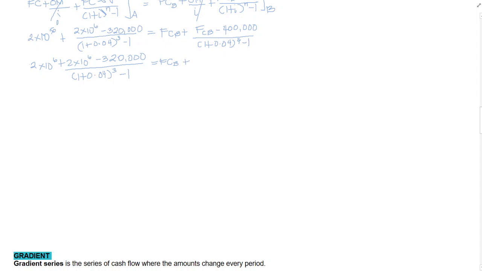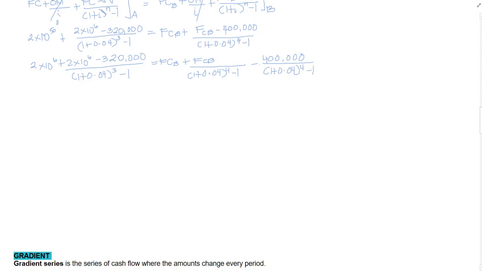Okay, separating this one, that will become FCB divided by the denominator, or you can directly input that in your calculator. 0.04 raised to 4 minus 1 minus, for this one, that is 400,000 divided by the denominator, which is 1 plus 0.04 raised to 4 minus 1.